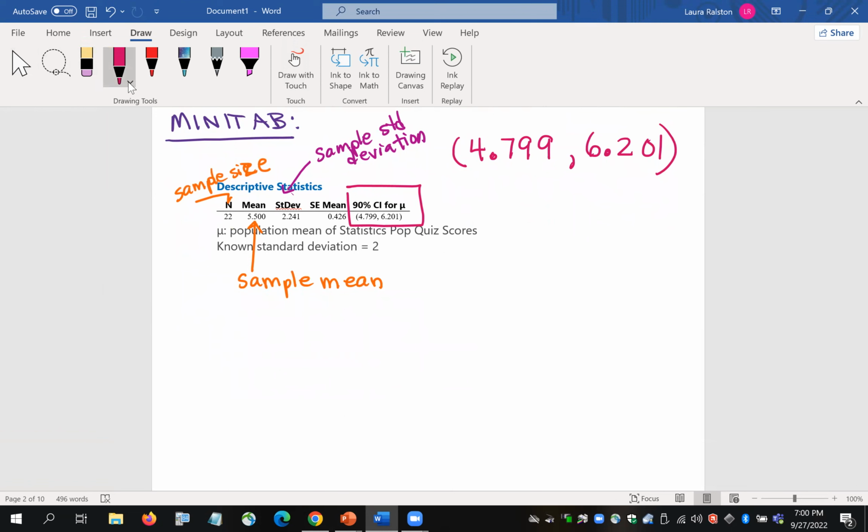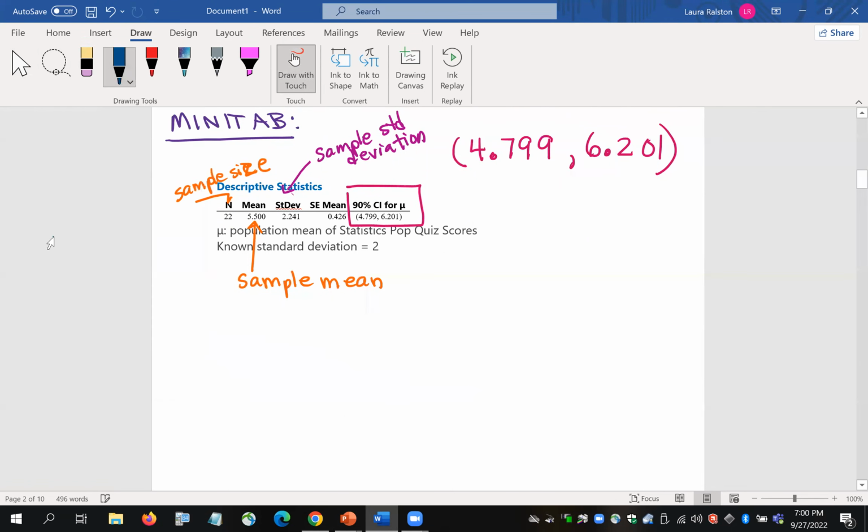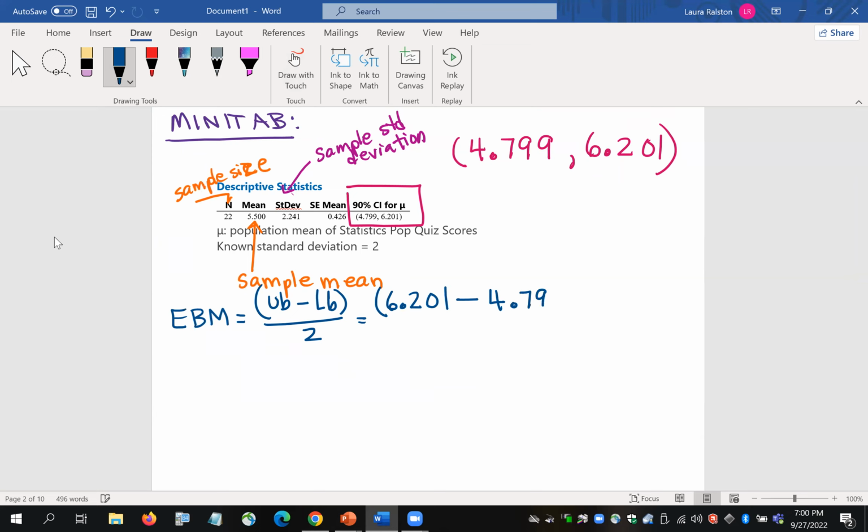I then have to calculate the error bound for the population mean. It is upper bound minus lower bound divided by 2. So I have 6.201 upper bound minus the lower bound 4.799 and then divided by 2.